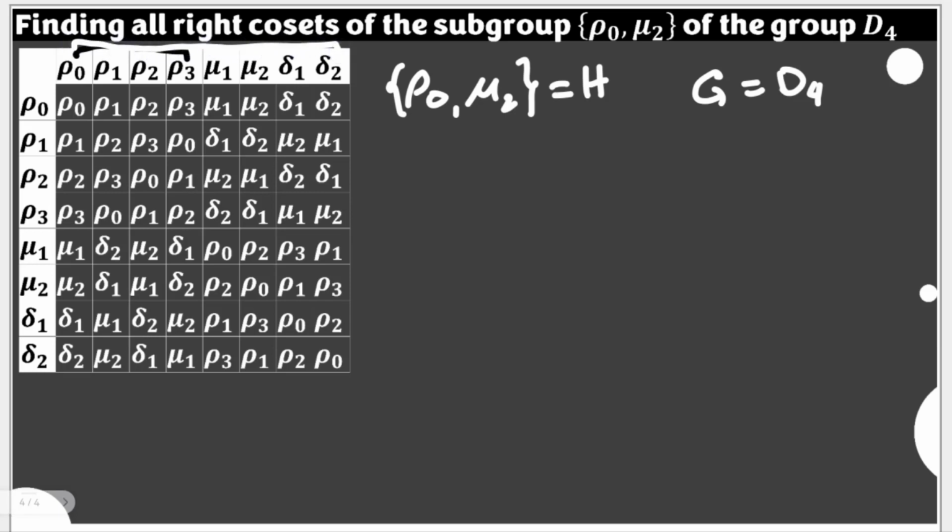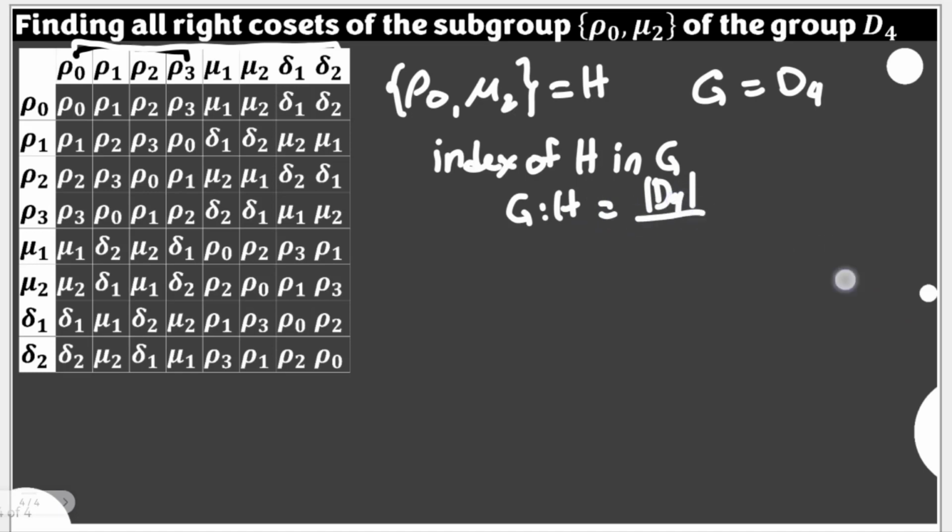In the previous video, we were able to determine the 4 left cosets. The number of left and right cosets of the same subgroup on the same group are actually the same, so we are also expecting 4 right cosets. To illustrate, the number of cosets can be determined by the index of H in G, where H is this subgroup and G is D sub 4, denoted by this notation, which means we simply take the order of D sub 4 and divide it by the order of H. Order means number of elements.